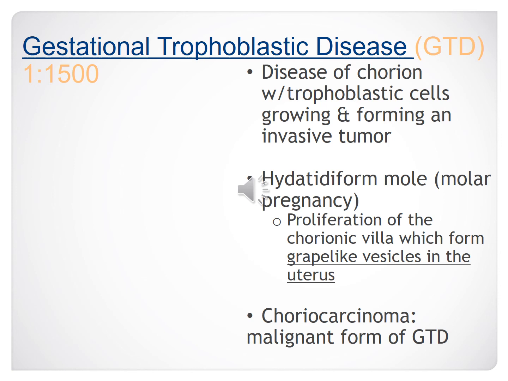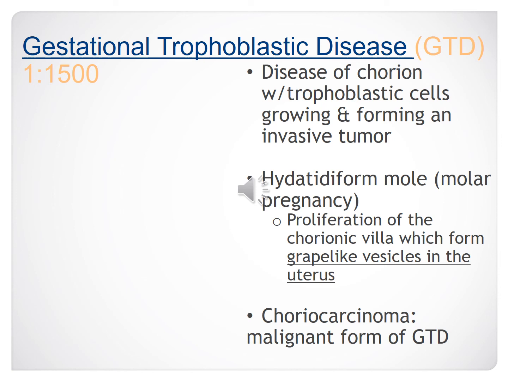And this is a group of rare tumors that involve abnormal growth cells inside the uterus. And so it's a disease of the chorion and the trophoblastic cells growing and forming an invasive tumor.